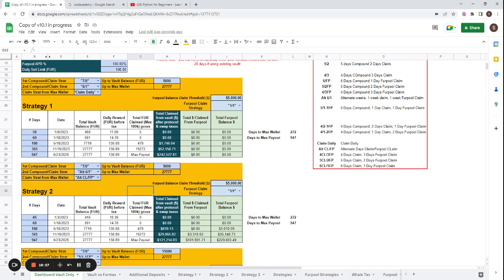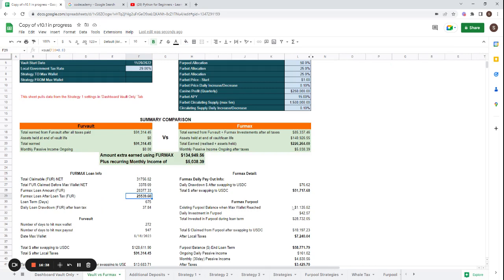It uses strategy 1. Okay, so if we were to do a Furpool strategy in here, let's just go back and have a look and see how that plays out. Yeah, you can see that our Furpool balance is 1,135.